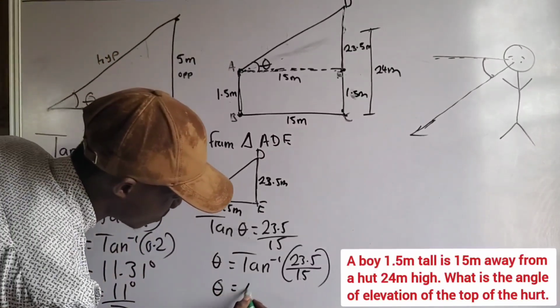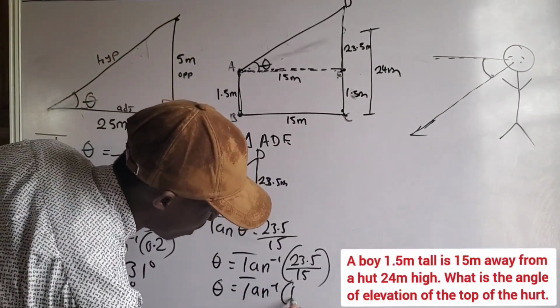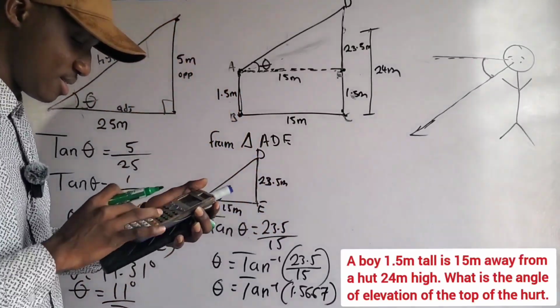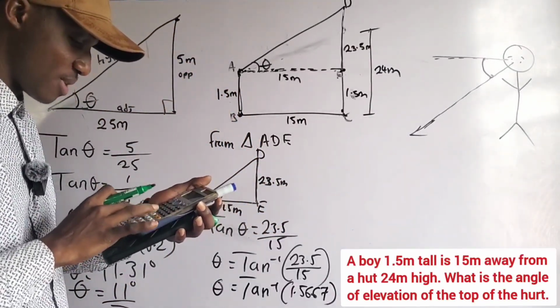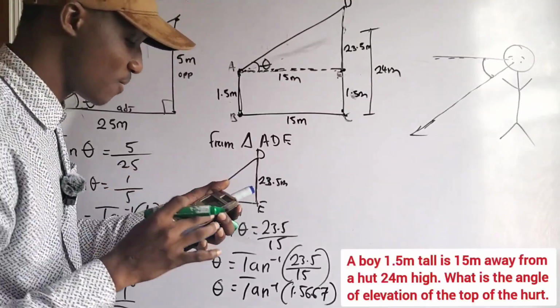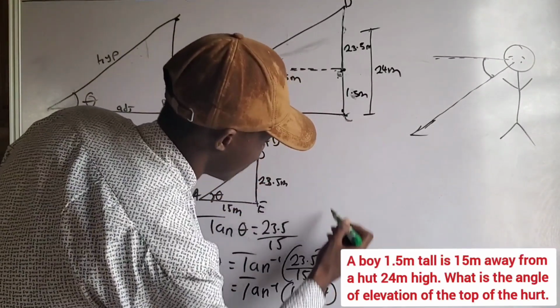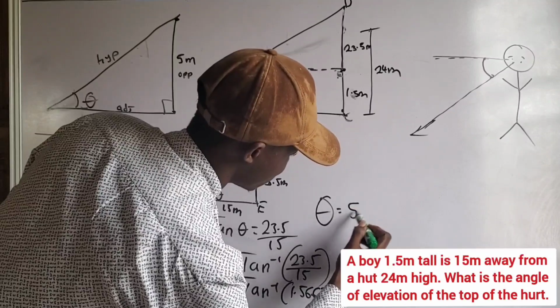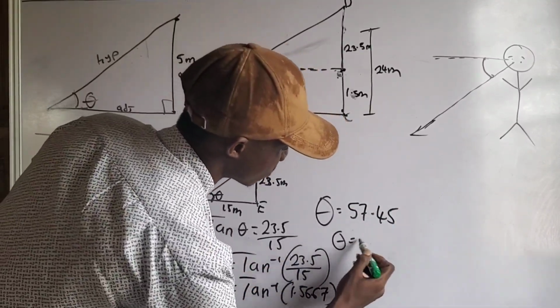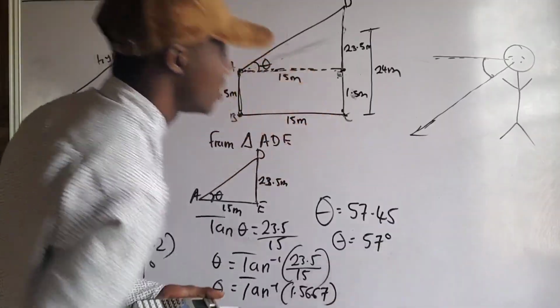So theta equals the tan inverse of 1.5667. That is 57.45. So theta equals 57.45, and to the nearest degree, theta equals 57 degrees.